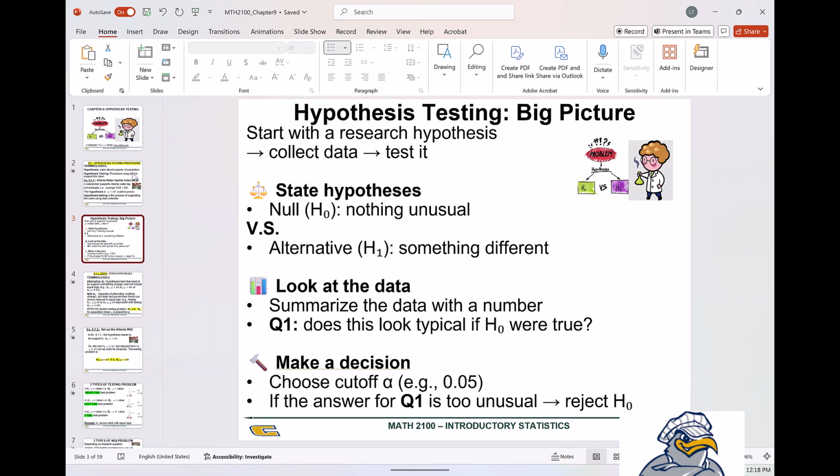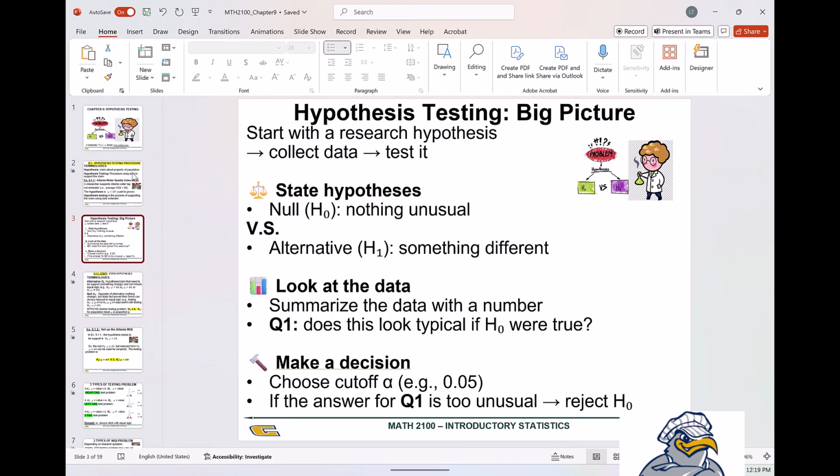A statistic is a value obtained from the sample data you collect. And then we come up with a question, Q1: does the number we get from the data look typical if H0 were true? So we ask ourselves the question like that.